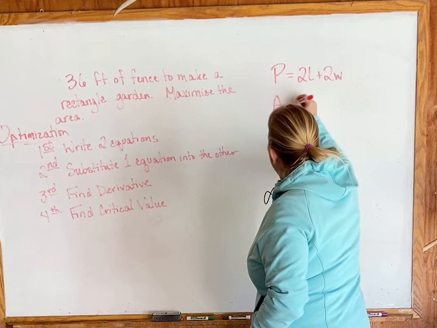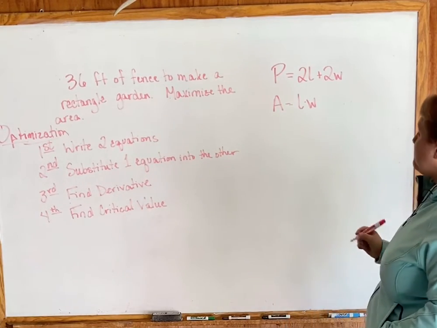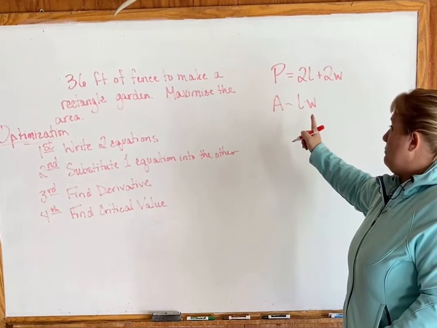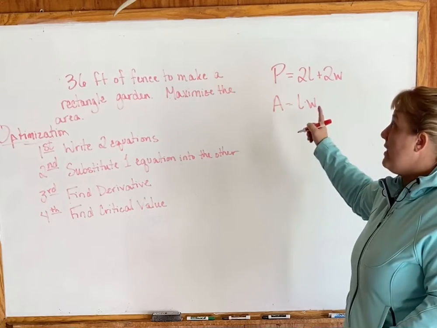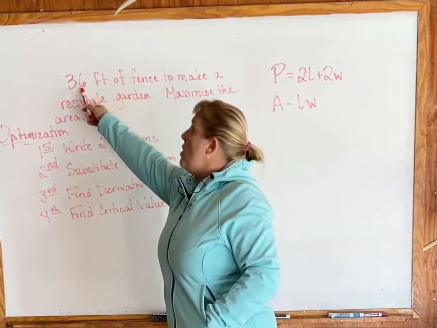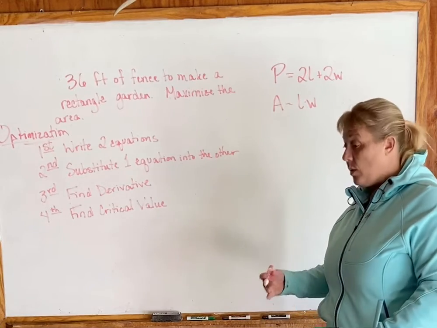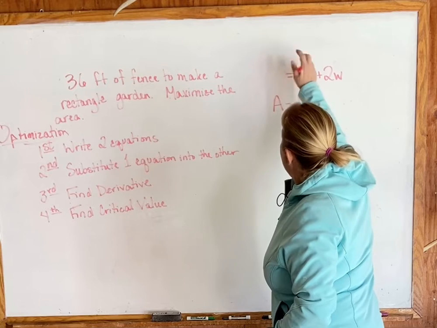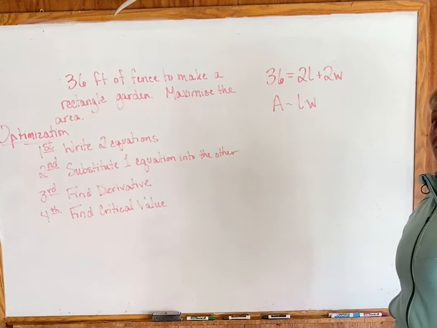And area will be L times W, length times width. There are our two formulas. Now we can get a little bit more precise on one of these because we actually know what our perimeter will be in the end. We have 36 feet of fence, we want to use it all. So we can eliminate the P there and say that this should equal 36.